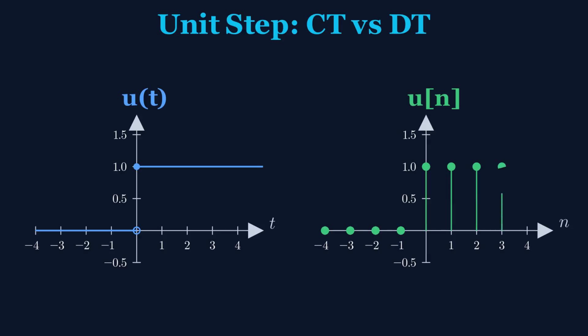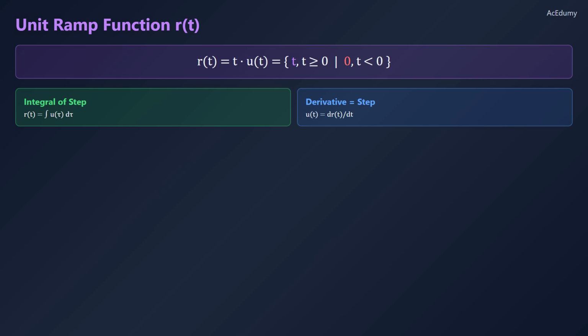In the stem plot, we see dots at 0 for negative n and dots at 1 for n equals 0, 1, 2, 3, and so on. Notice that the DT version has no ambiguity at n equals 0. It simply equals 1.